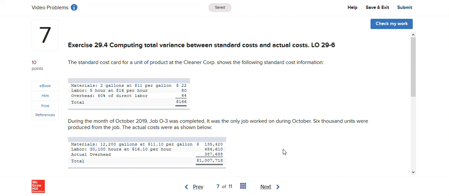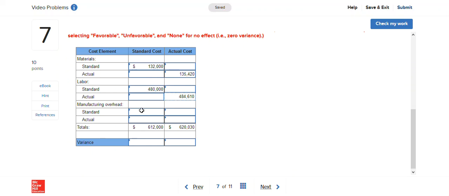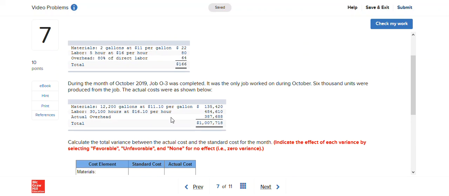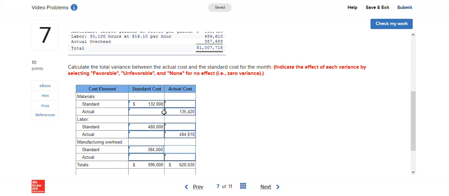So that's $384,000. So all I did was take the percentage and multiply that by the standard labor, which is the 480.